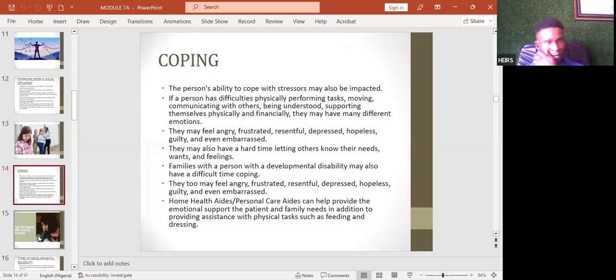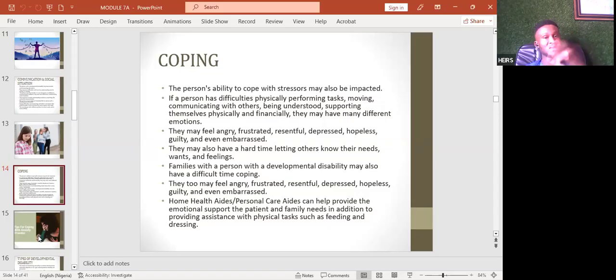Now, the next thing is coping. It affects their coping ability. The person's ability to cope with stressors may also be impacted. Now, if the person has difficulties physically performing tasks or moving, communicating with others, or being understood, or supporting themselves physically and financially, they may have many different emotions.